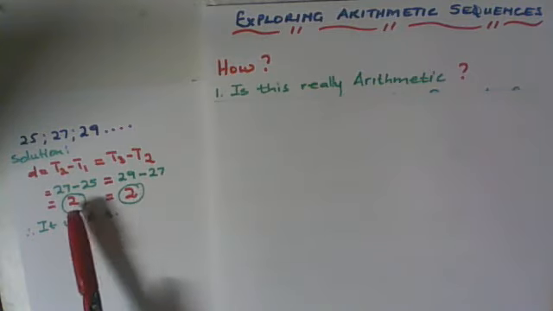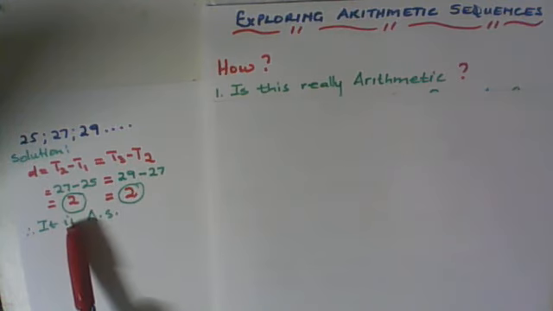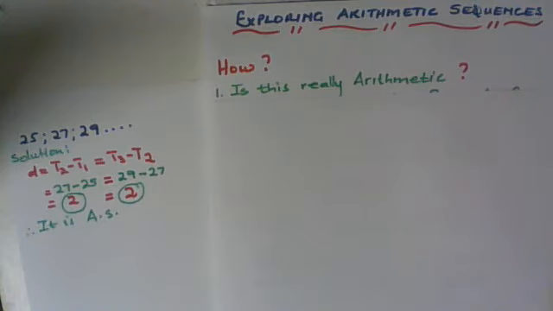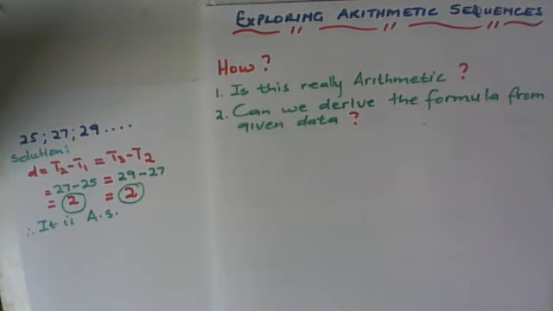So, if it doesn't vary, therefore that will be an arithmetic sequence. Now, is that the only way of checking whether this is an arithmetic sequence? Another way of exploring this is, can we derive the formula for the given data?